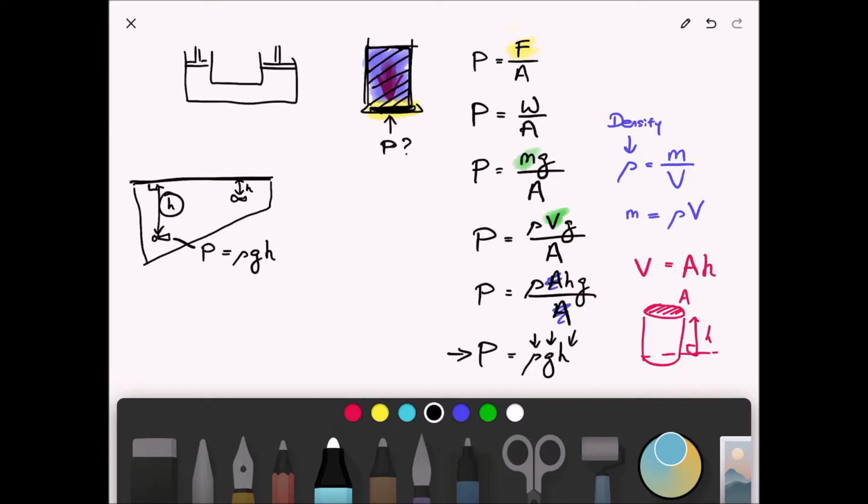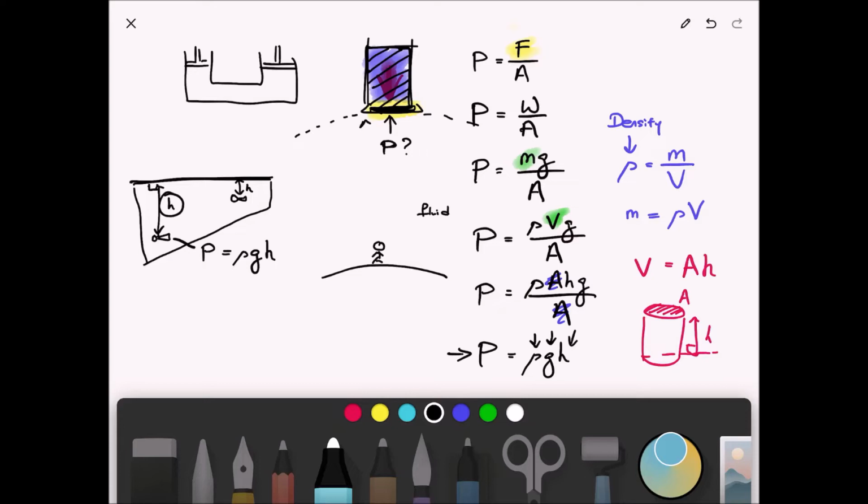Now, is this the total pressure that you are experiencing? Well, let's take a look. For example, if you are standing on flat ground, are you experiencing any pressure? In fact, yes. Around you, there is fluid. So what is fluid? Fluid can be any liquid or gas. Around you, there's air from the atmosphere.